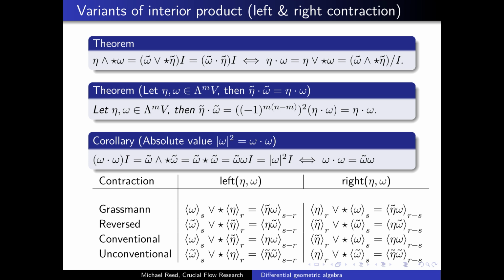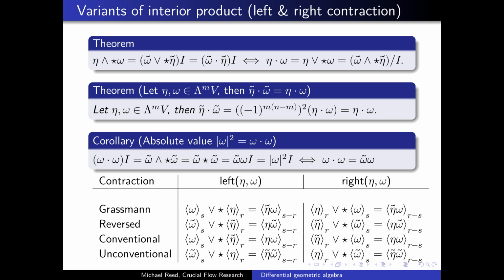Up until now, I've just been using the right contraction, the original Grassmann right contraction, as the default interior product for what we're talking about. And this is true to what the original Grassmann algebra did and what John Brown was talking about in his exposition about Grassmann algebra.